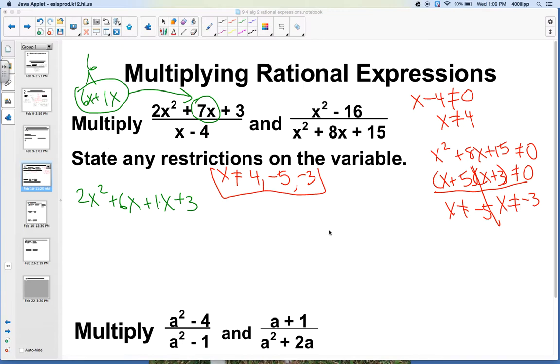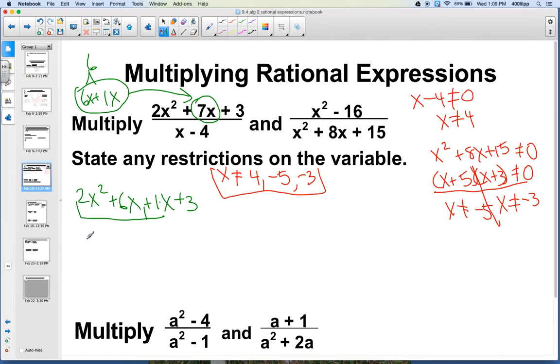Now I look at the first 2 terms, and I say I'm going to take out a 2x, and I'm left with an x plus 3. And then remember, when I look at the last two terms, I have to have the same thing left over, x plus 3, so I'm just going to take out a plus 1.